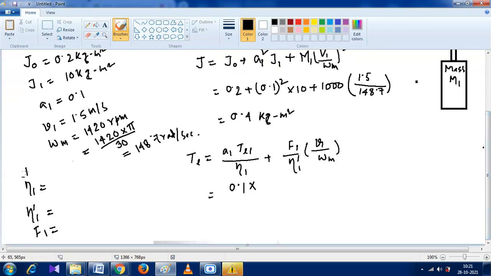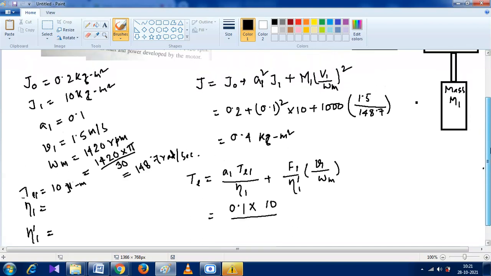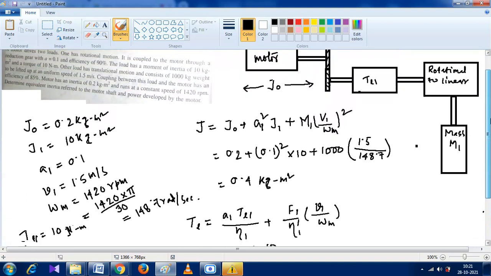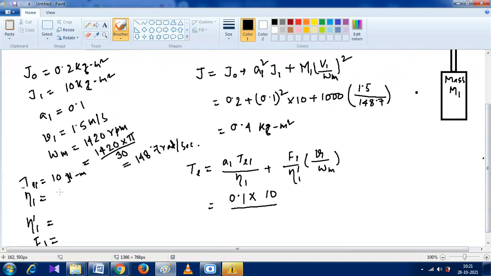That means the value of TL1 is 10 Newton meter. And what is the efficiency of the gear? 90%. That means 0.9. So the value here is 0.9.